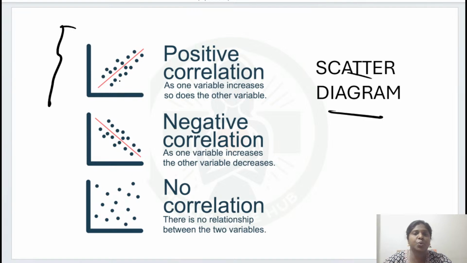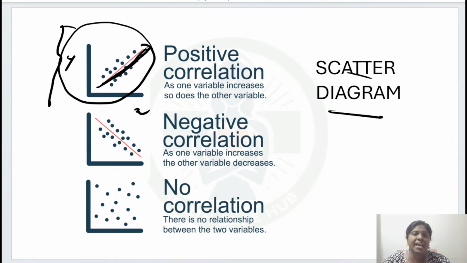This image shows a positive correlation. This is the x-axis and this is the y-axis. When the line is in the right direction, it is a positive correlation, and when it is in the opposite direction, it is a negative correlation. And this third one is no correlation.